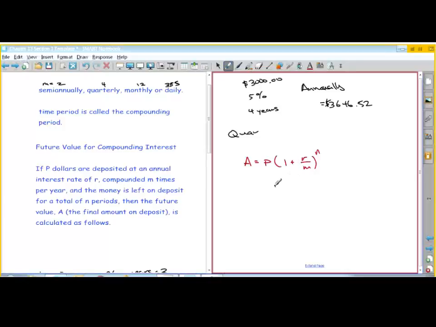Everything's the same except N is the number of compounding periods. And N turns out to be equal to M, which I'll define in a second, times T, where T is the number of years.